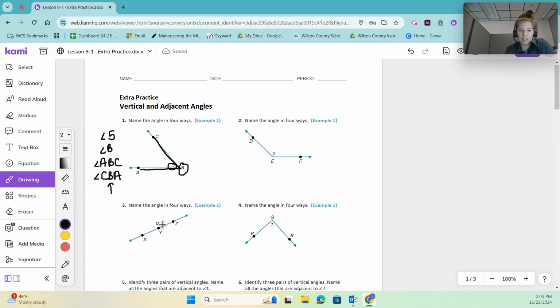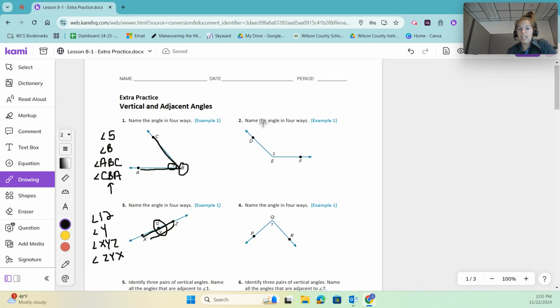Let's take a look at this one. Same thing. This is angle 12, angle Y, and angle XYZ, in that order, which one you come across in order: X, then Y as the middle, then Z. And then you could also go the opposite direction, Z, Y, X. Those are the 4 ways you can name an angle.